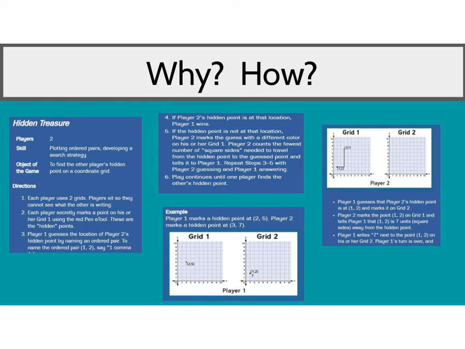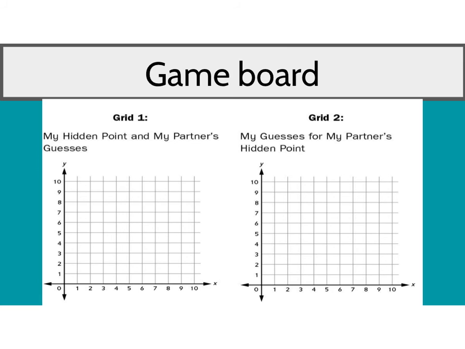So the goal of the game is to figure out, of course, where the player you're playing with has marked. What's the hidden area? So this is what your game board will look like. You'll notice that it says grid 1 and then grid 2. Grid 1 is where you're going to place your hidden coordinate.